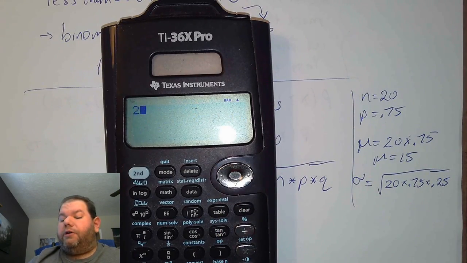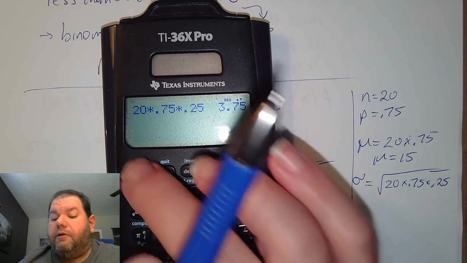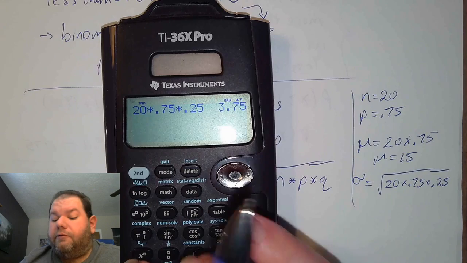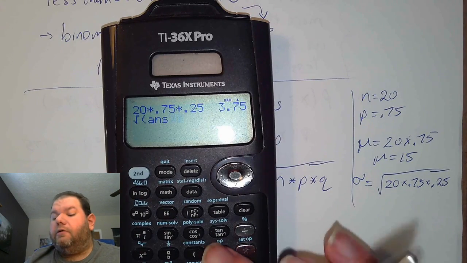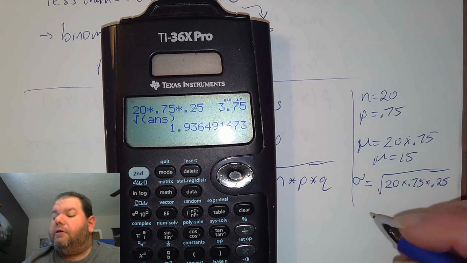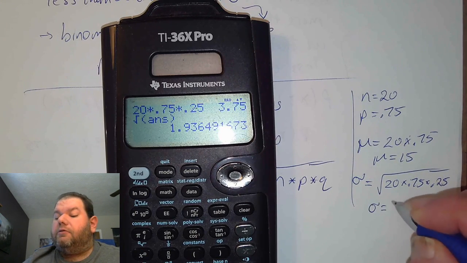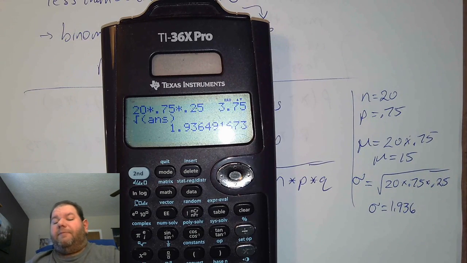So we would do 20 times 0.75 times 0.25, and I forgot to take the square root. Let's see, so the square root of our answer. So 1.936 would be our sigma. So, a standard deviation of about 2.